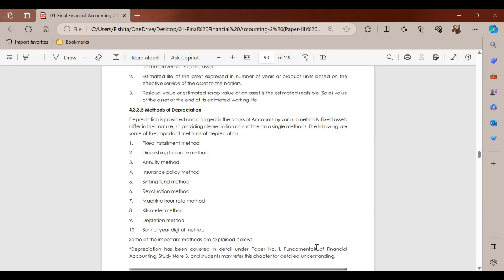And by the time the asset is ready to be written off, you have the money. But the important point is in annuity method, you have to contribute based on the annuity table.